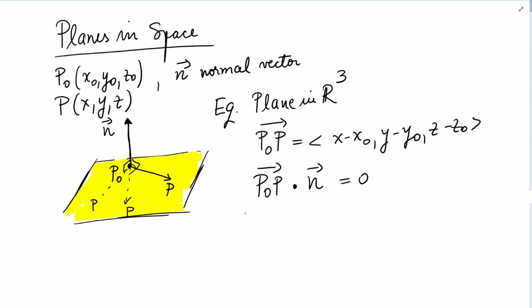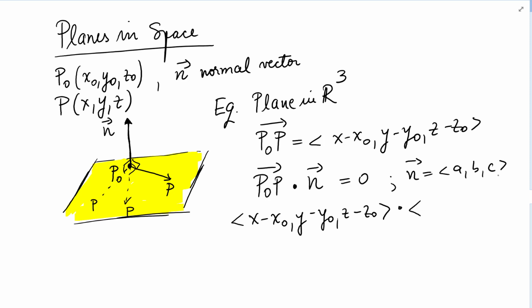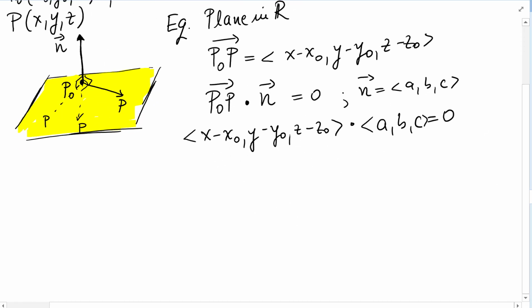Now P0P is (x minus x0, y minus y0, z minus z0) dotted with the vector n. Let's say vector n has the components (A, B, C). It's equal to 0.